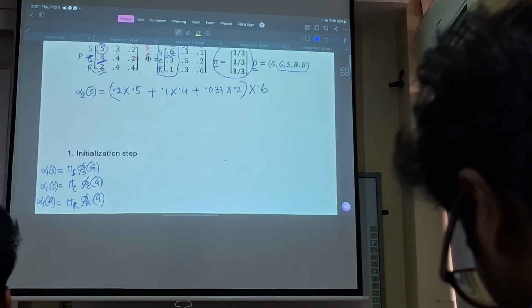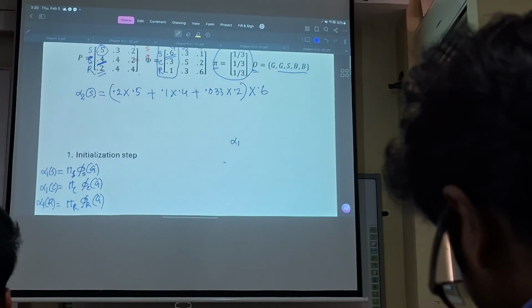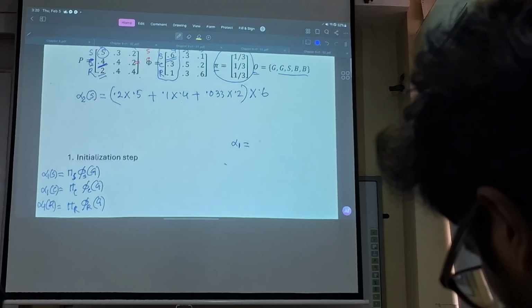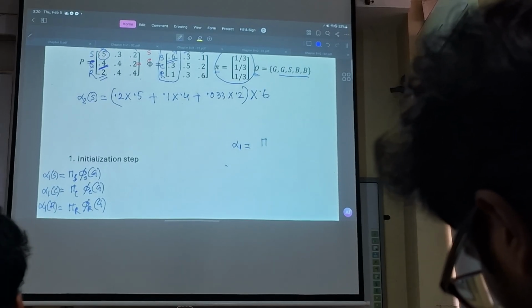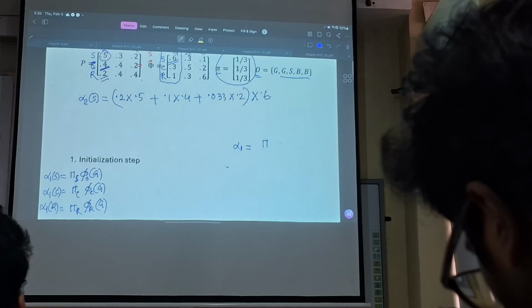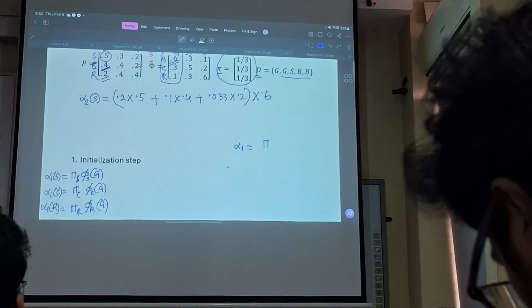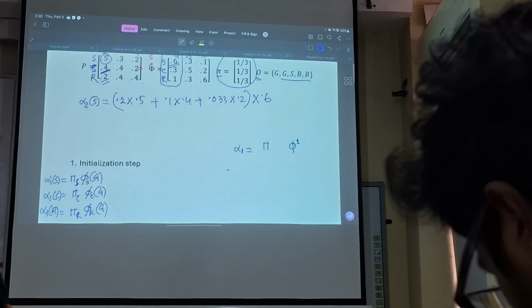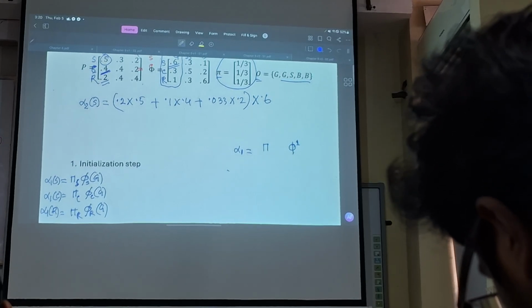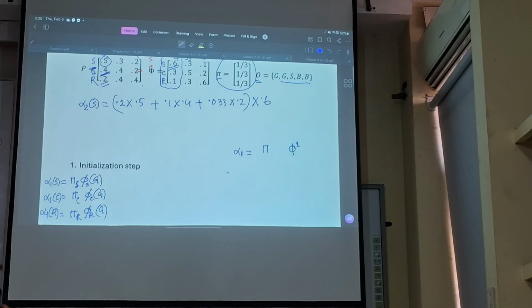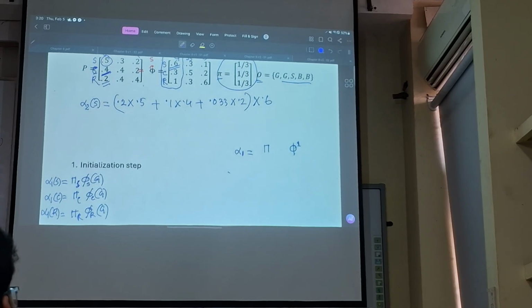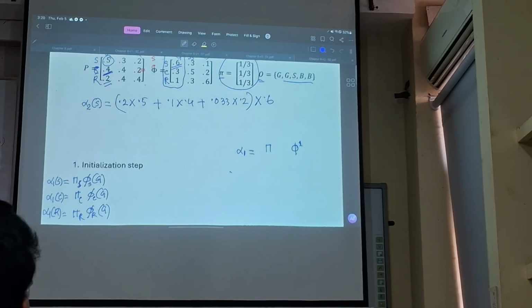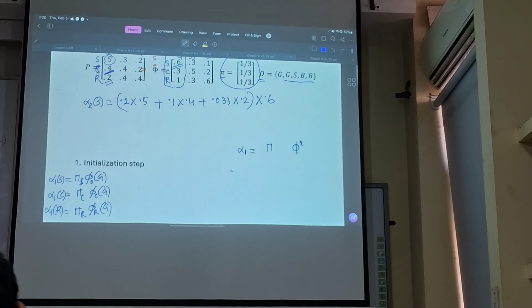Then we can write that alpha 1 is a vector which is the product of phi and the first column of the phi matrix. Let's say a superscript indicates the first column and subscript indicates the first row. We denote this phi 1 in such a way; it is a column of a matrix representing a vector. Which column? The first column.